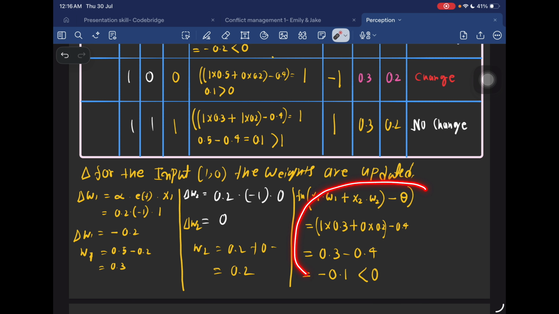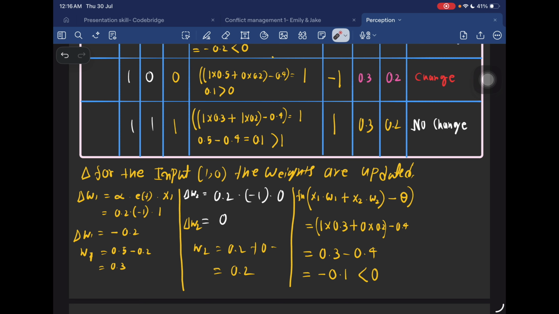We apply our activation function here, and it comes to minus 0.1, which is obviously less than or equal to 0. So we write it down: 0.3 and 0.2. In our next feature, the input is 1 and 1. We multiply 1 with the first updated weight 0.3, plus 1 multiplied with our second weight 0.2, minus 0.4, the bias.